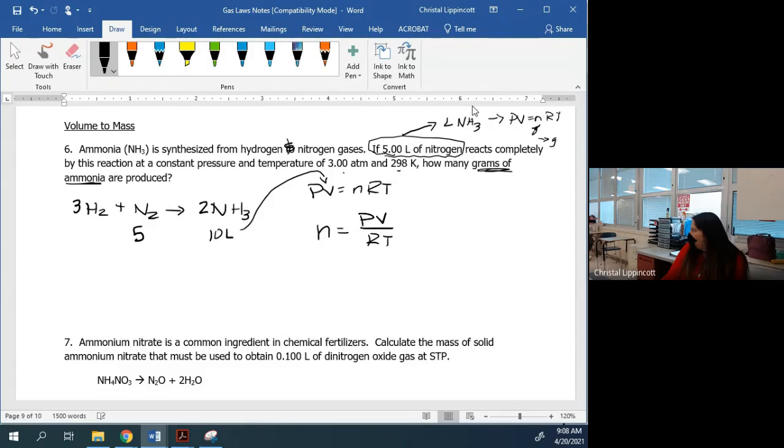Good. Okay. This V is coming from right here because we want to talk about ammonia and we want to solve for grams of ammonia. We're actually going to end up solving for moles of ammonia and convert it. All right, my pressure given here is 3. My volume we calculated right here as 10.